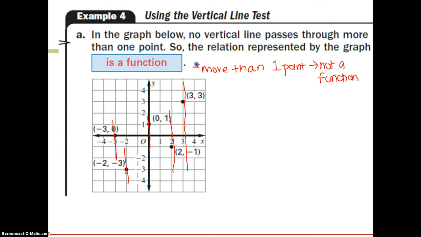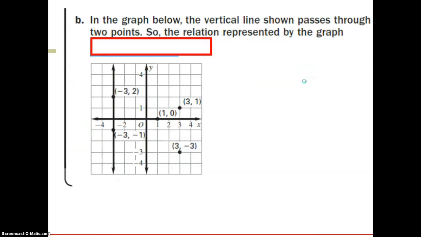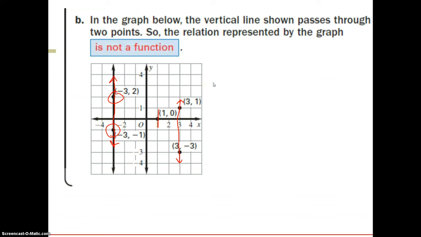This is the general rule for a vertical line test. This one you can see, well, here as well, it passes through more than one, and obviously the one that they showed you, see that passes through 2 here. That means this is not a function. Remember, a function is a relationship between the domain and range.